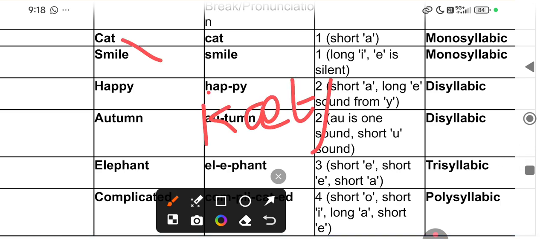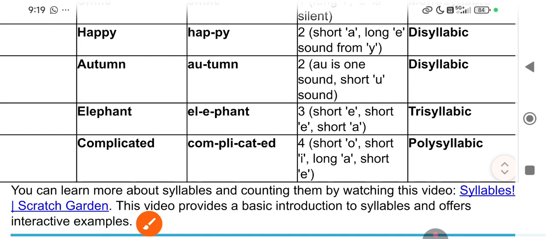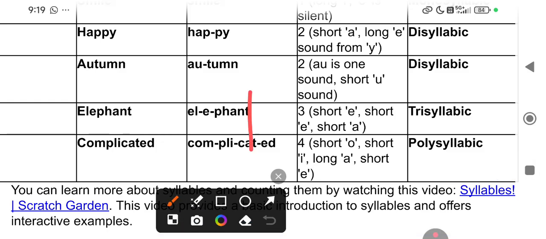It's a short sound, so monosyllabic. Then happy, happy. That's two syllables, disyllabic.